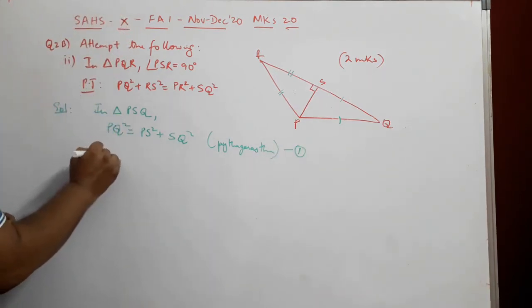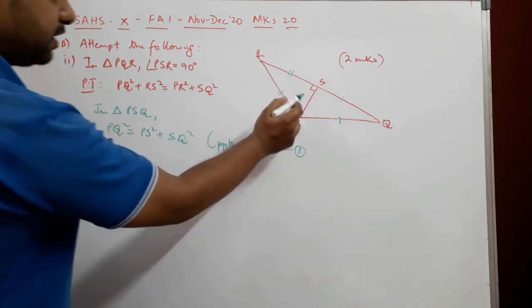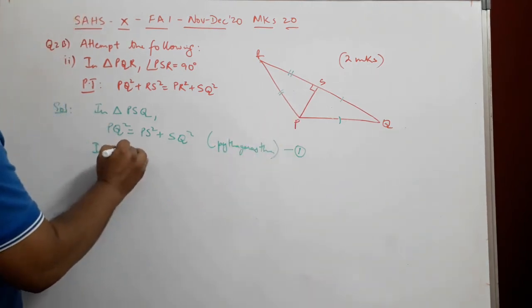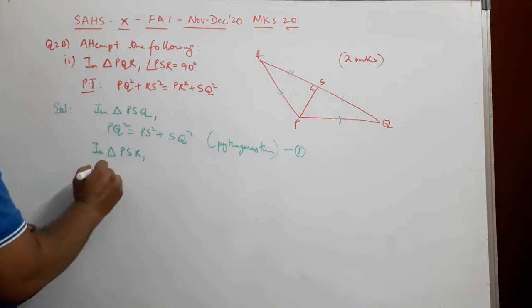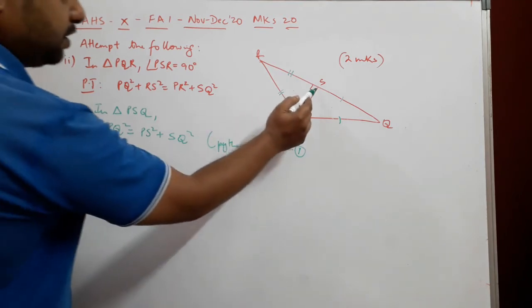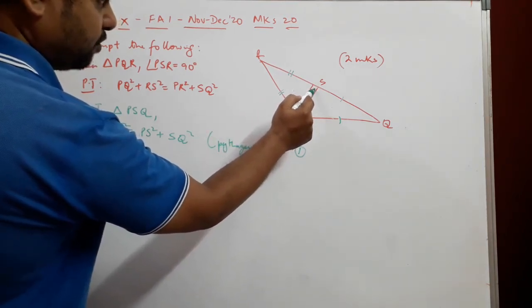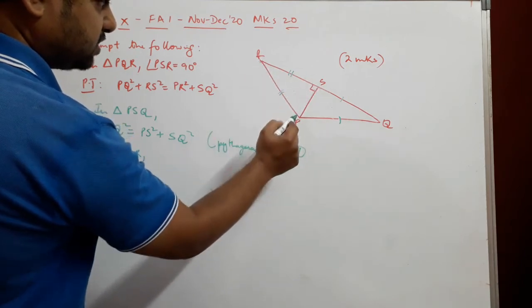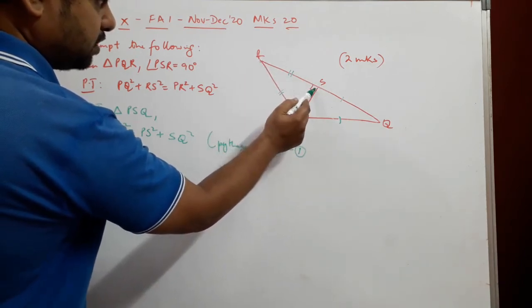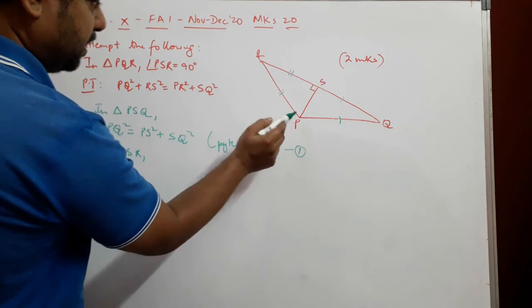Similarly, now I'll take the other triangle, PSR. Here the right angle is formed at angle RSP or PSR. The side opposite to that is PR.